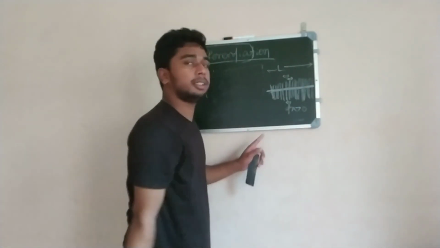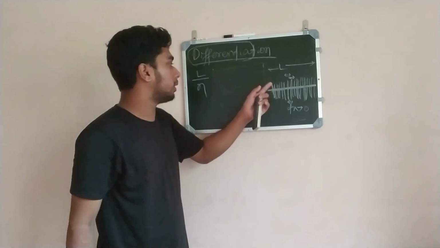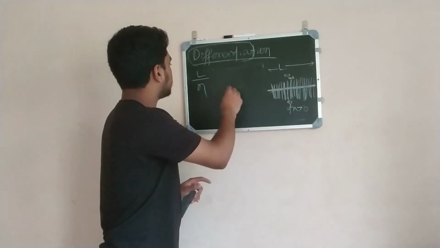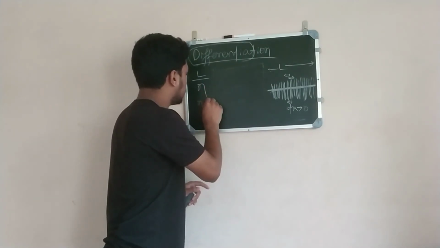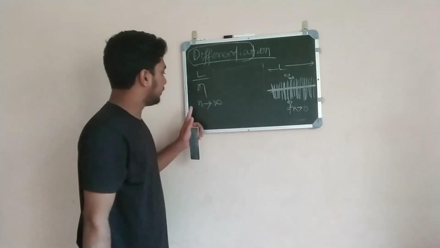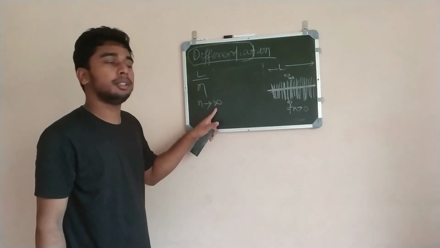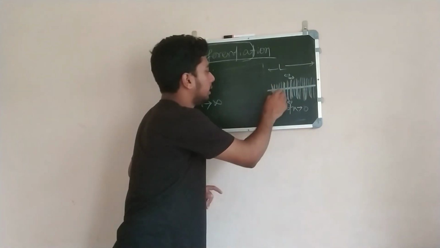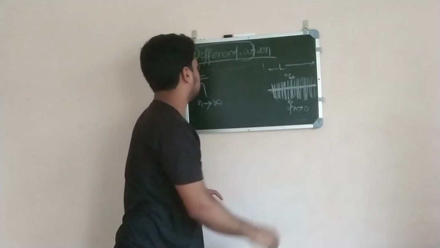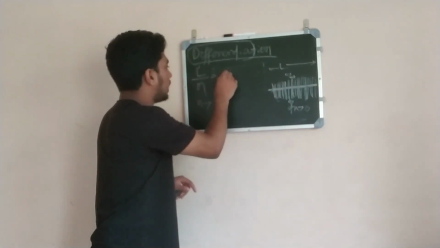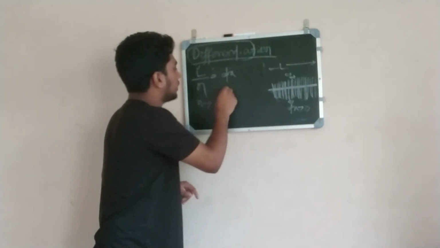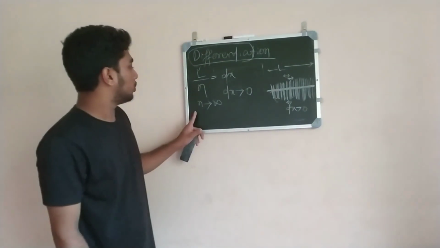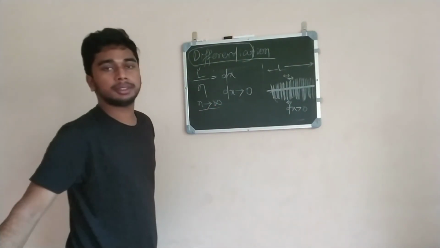There is no limit. So if n tends to infinity, I am dividing this length infinite times. Then I will find dx. What is dx? dx tends to 0, very small, when n tends to infinity.